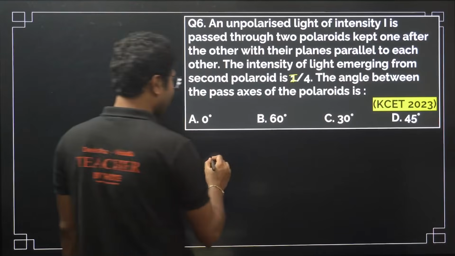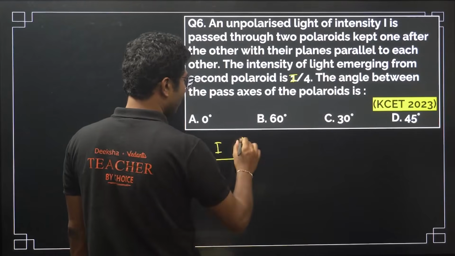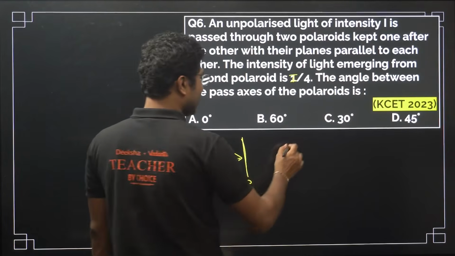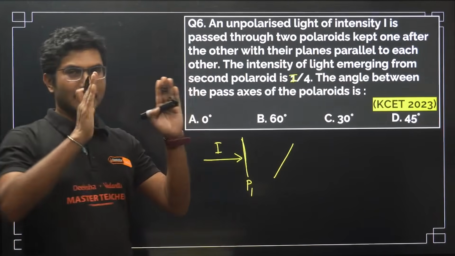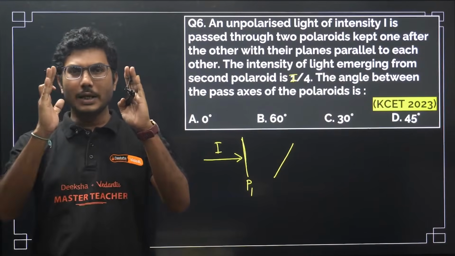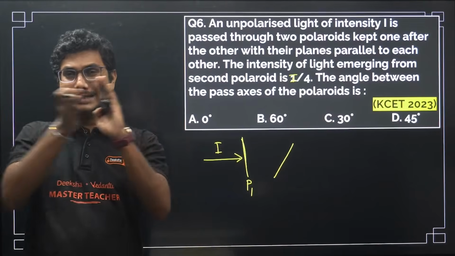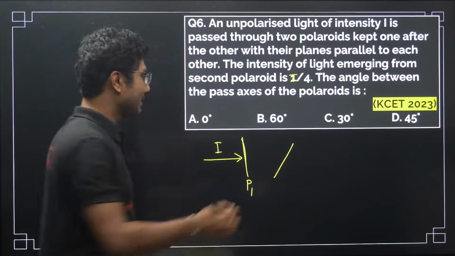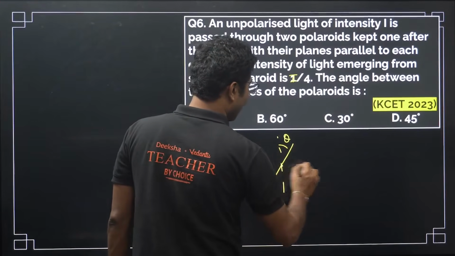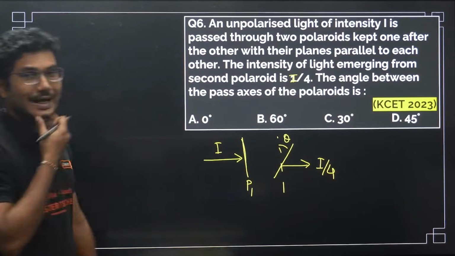So first we have an unpolarized light of intensity I falling on the first Polaroid, say P1, and there is another Polaroid. Their planes are parallel, but if I just change the angle, the planes are still parallel but their axes are not aligned. So suppose the angle is theta and the final output is I by 4. So what is this angle theta? That we have to calculate.